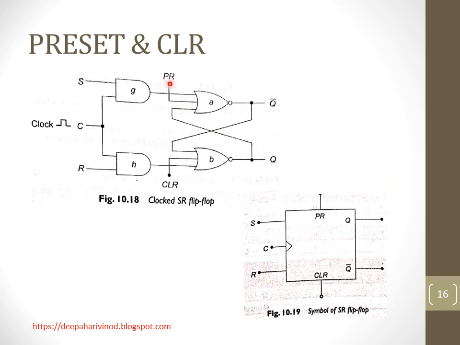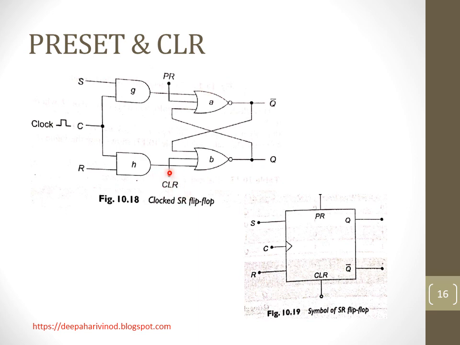So here we can see the preset and clear. CLR means clear. Preset means, in a simple manner, the output is set to 1. Whenever preset is provided with a high signal, in that case the output will be set to 1.